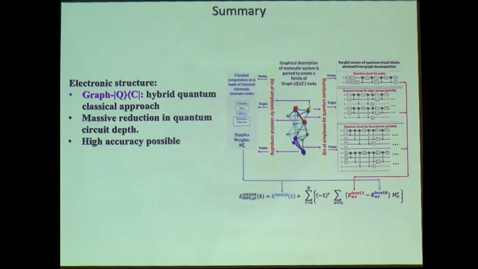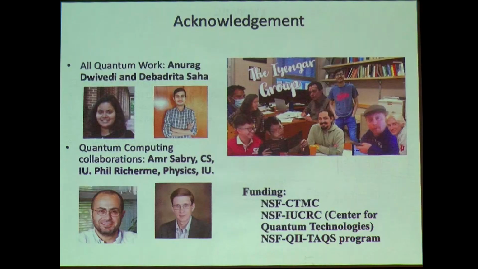And as I said, this is a collaborative work which is done with physics faculty and computer science faculty. All of the quantum computing work is done by 2 graduate students. The funding comes from various NSF sources.